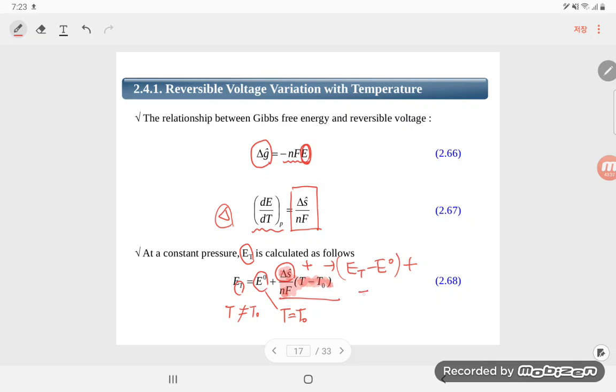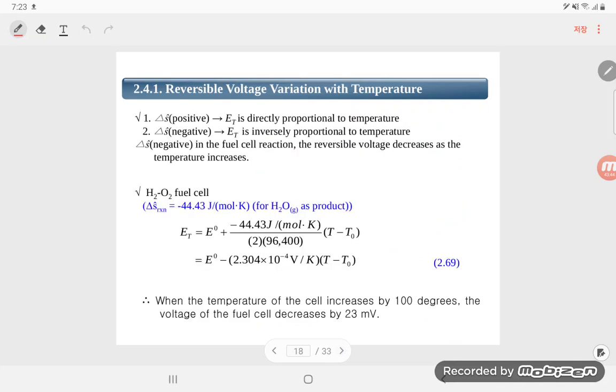But if delta S has a minus sign, then this one has a minus sign. The cell voltage will be decreased.